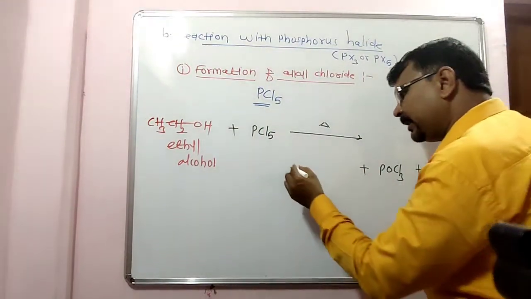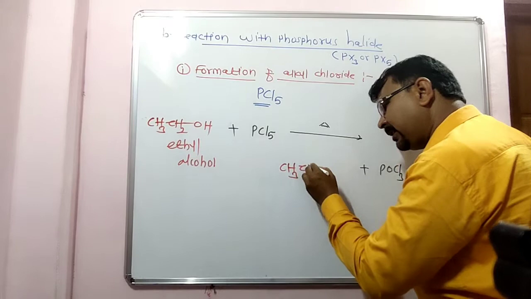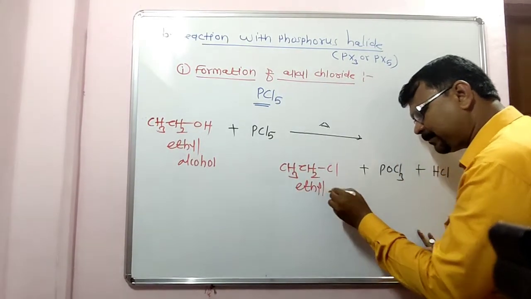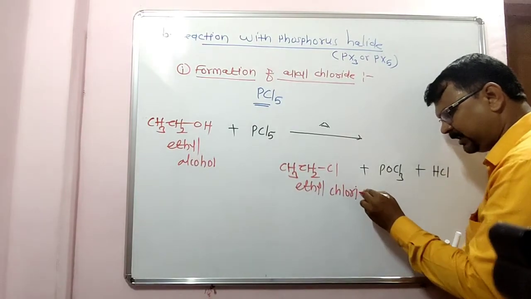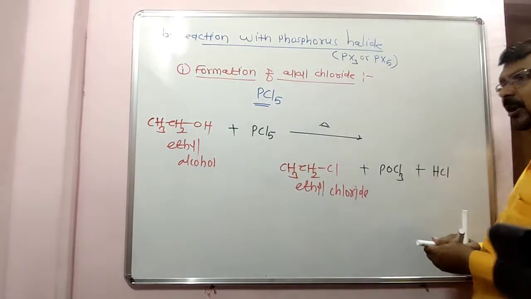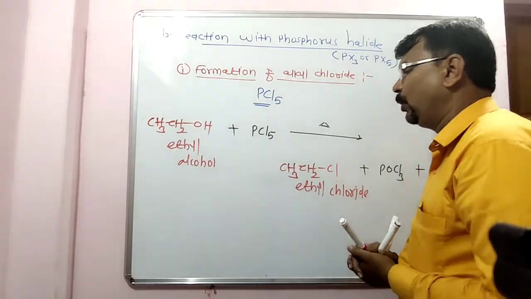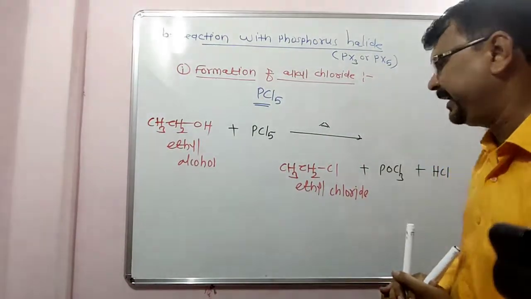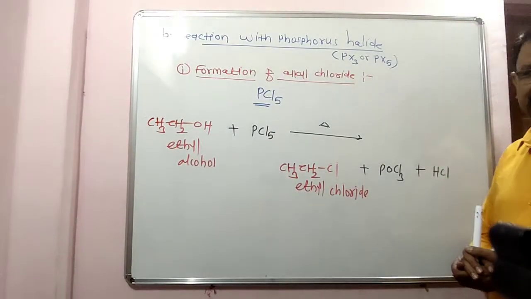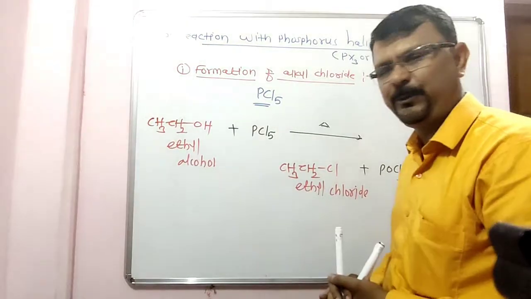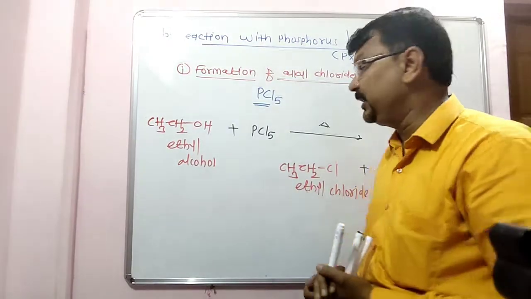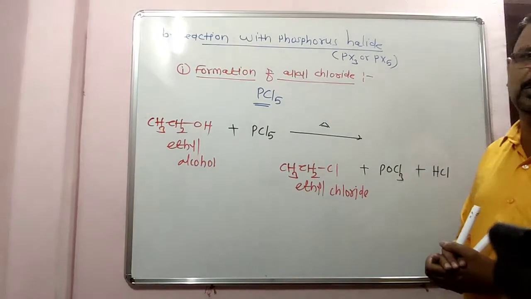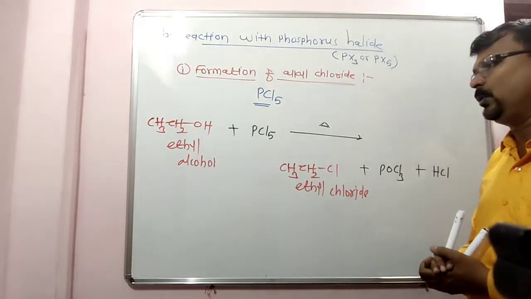The product is CH3CH2Cl, ethyl chloride. Repeat all of you: when ethyl alcohol is heated with PCl5, phosphorus pentachloride, it gives ethyl chloride. Correct?